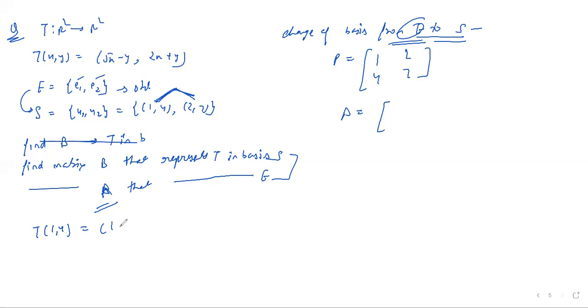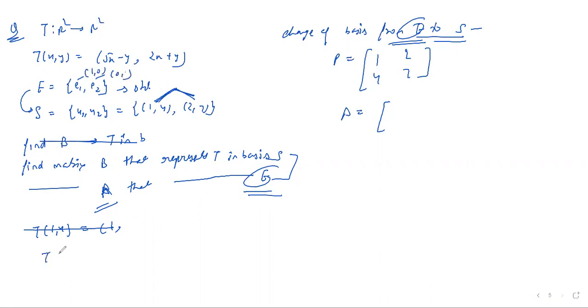Okay, sorry, we are finding the matrix A with respect to the basis E, and I have taken with respect to S. So let's find the matrix with respect to basis E, so that will be my (1, 0) and this is my (0, 1).